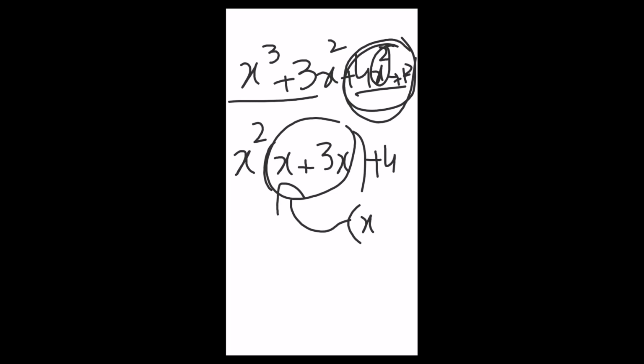Next, 4 multiplied by x, so inside the brackets would be x plus 3. Exactly. So I am going to write x plus 3.